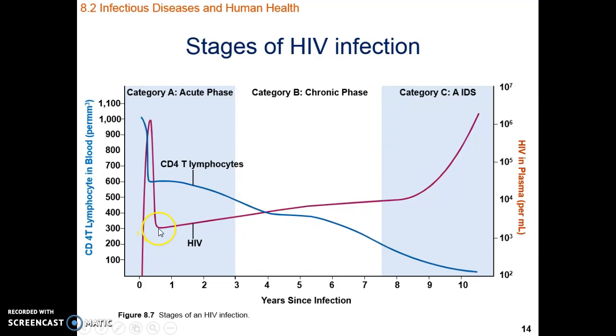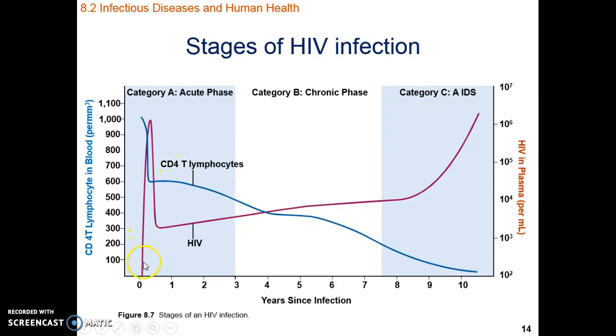The reason for that is the virus is going to get into your blood and seek out CD4 positive T cells. These are the helper T cells. And if you remember, viruses only infect specific types of cells. They don't infect all types of cells. HIV infects CD4 positive T helper cells.